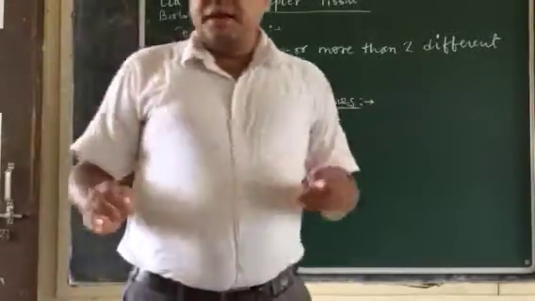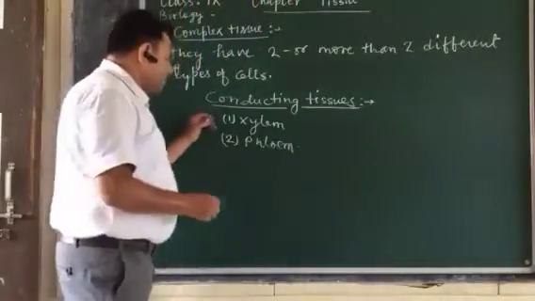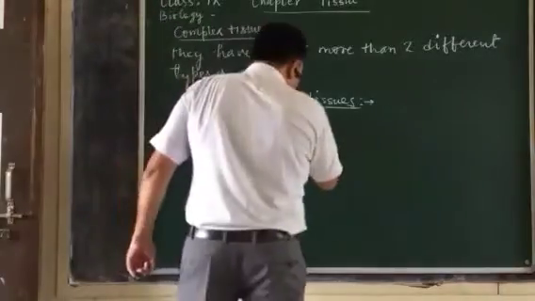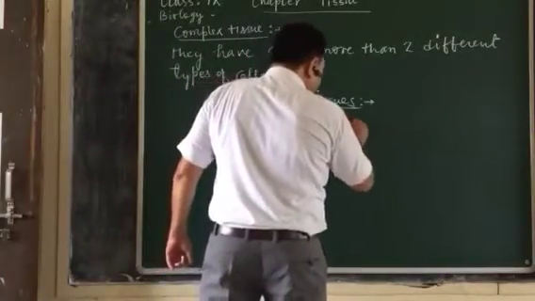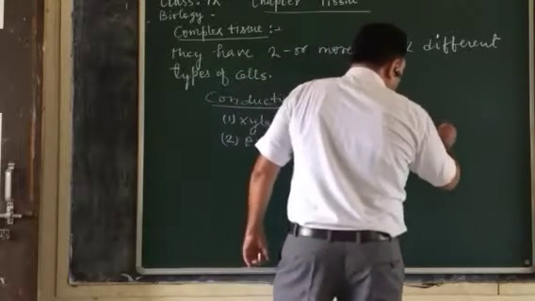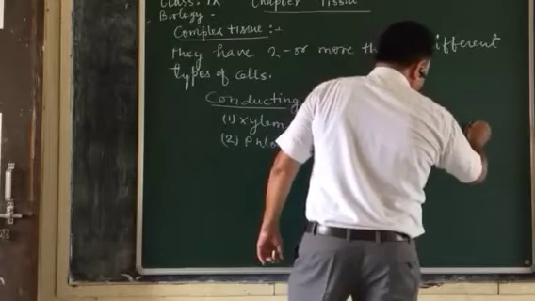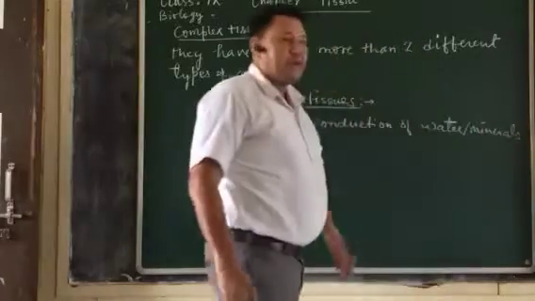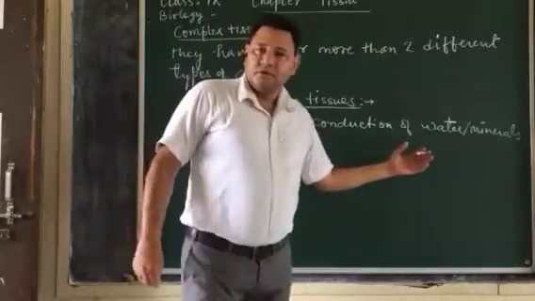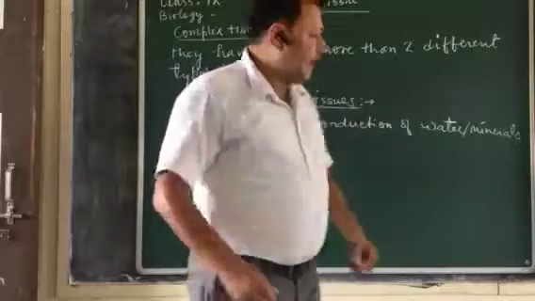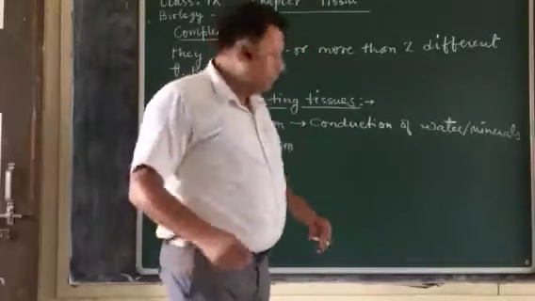You previously learned about the function of xylem and phloem. Xylem is for conduction of water and minerals, because minerals get dissolved in the water. So these minerals are circulated throughout the plant body with the help of xylem tissue.